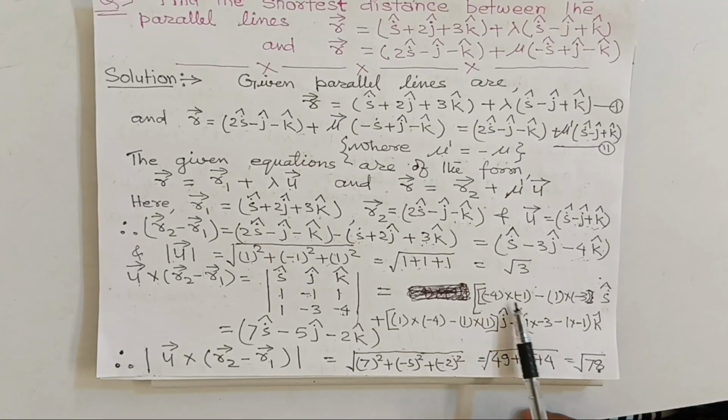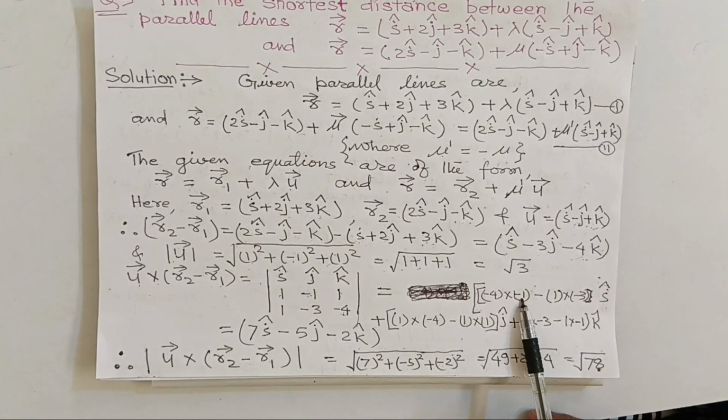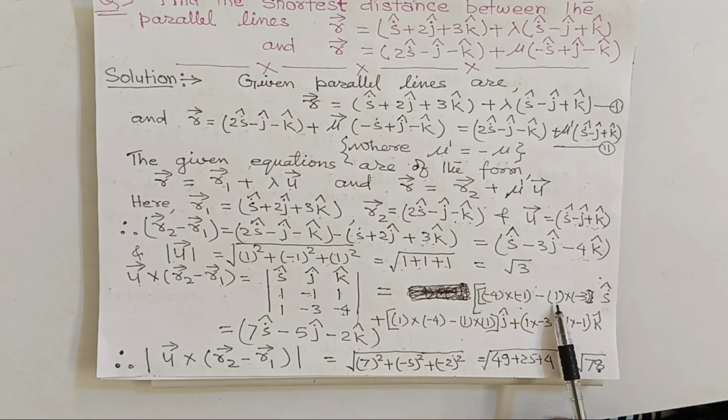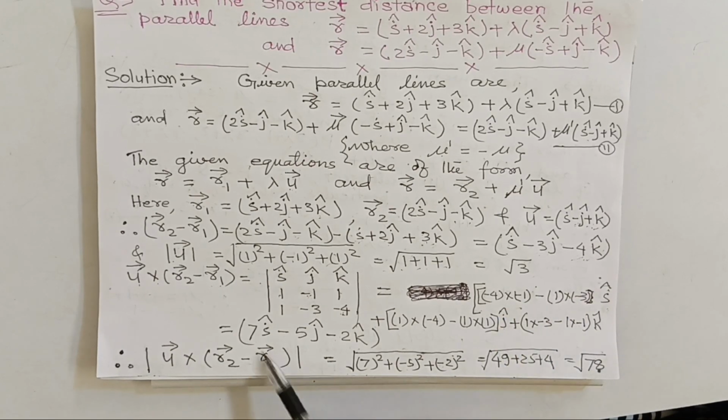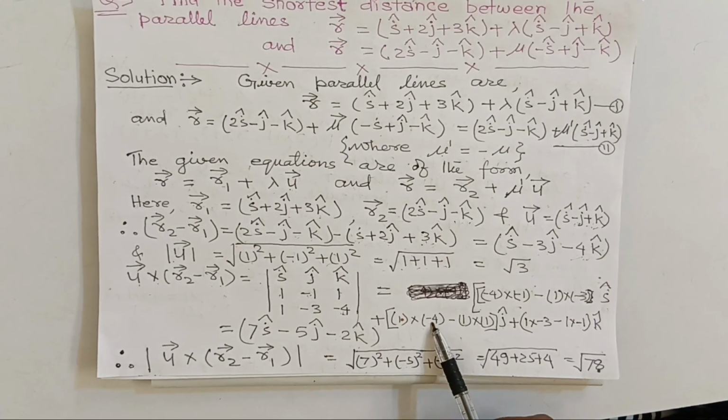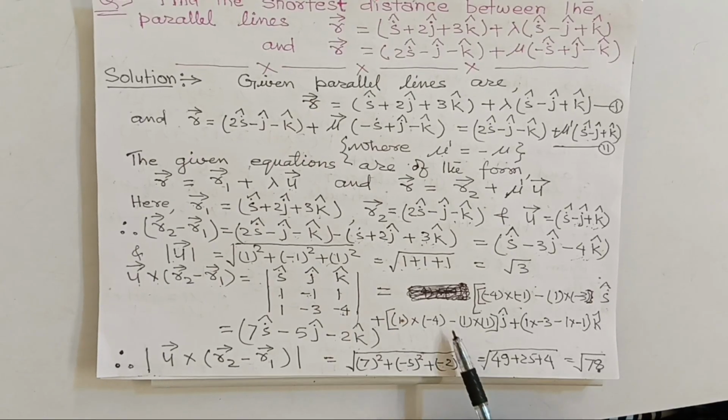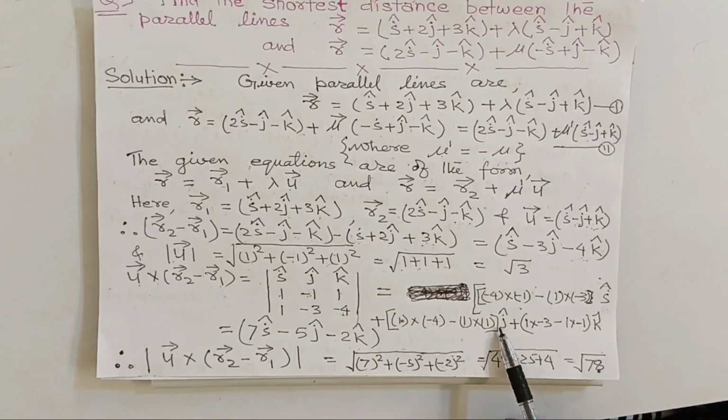The i part: minus 1 into minus 4 is 4, minus 1 into minus 3 is 3, the 4 plus 3 is 7i. The j part: 1 into minus 4 is minus 4, minus 1 into 1, so minus 4 minus 1 is minus 5j.